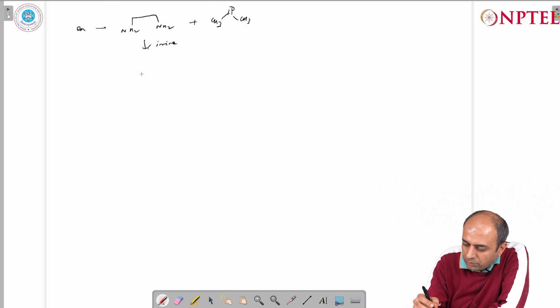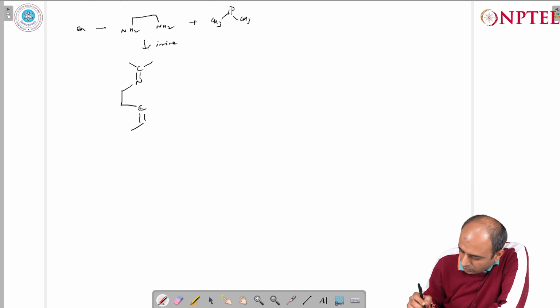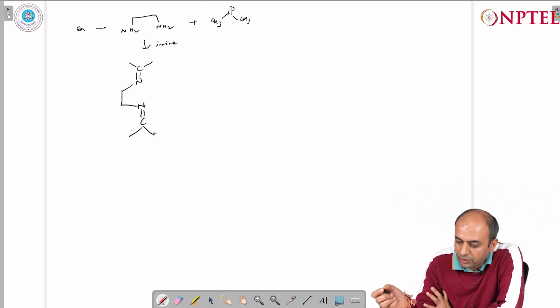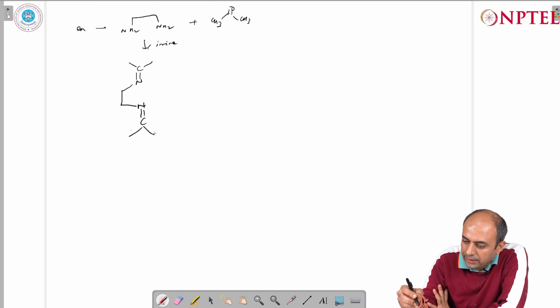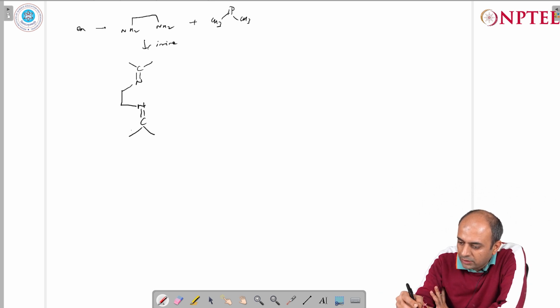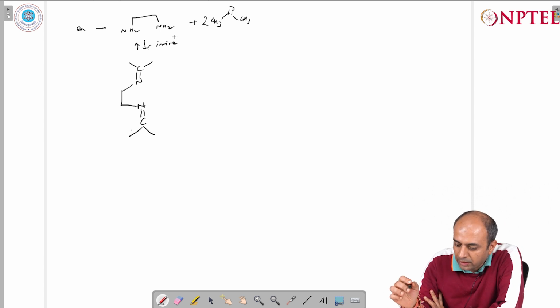So, it forms this particular ligand first. The reaction of ethylenediamine with two equivalents of acetone will give this particular ligand, which is actually in equilibrium with the starting materials.